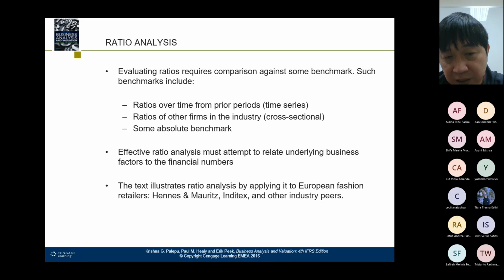The text illustrates ratio analysis by applying it to European fashion retailers, H&M, Inditex, and other industry peers.